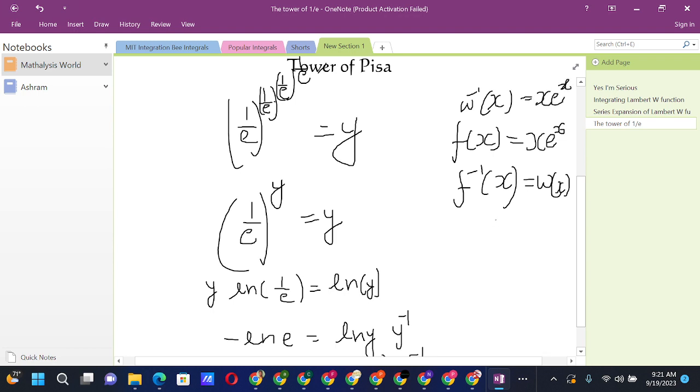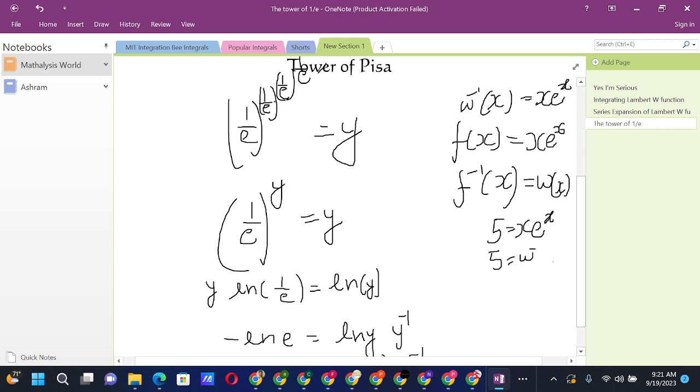If we want to solve 5 equals x e to the power x, we know x e to the power x is actually Lambert inverse of x, and then we can take Lambert to the other side, Lambert of 5 equals x, and then we can use series expansion or integral representations to find the value. So this is how we can solve such functions, and that's useful.